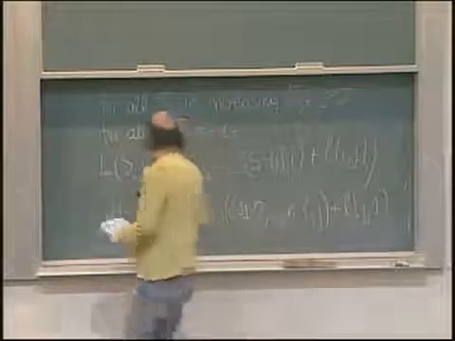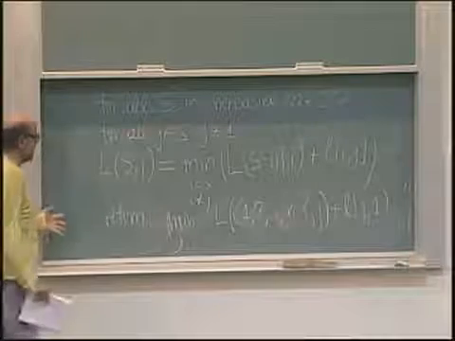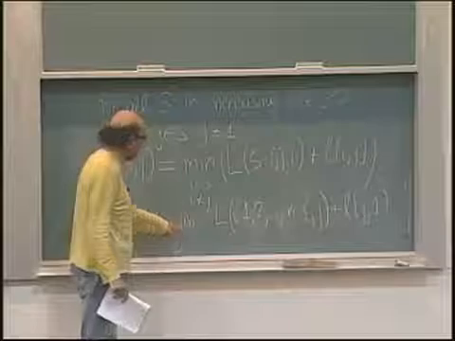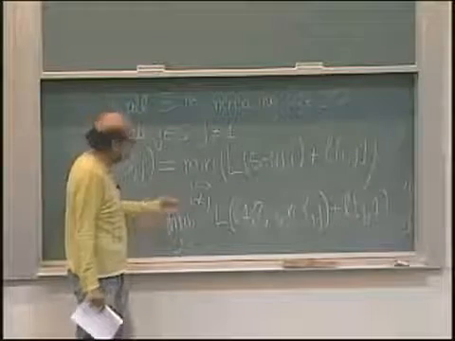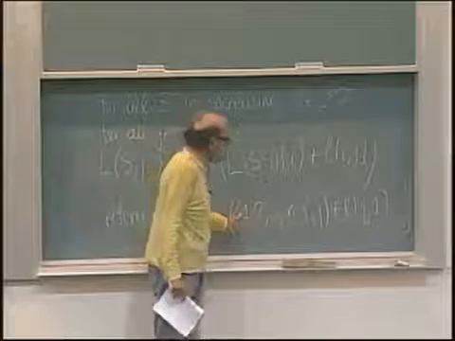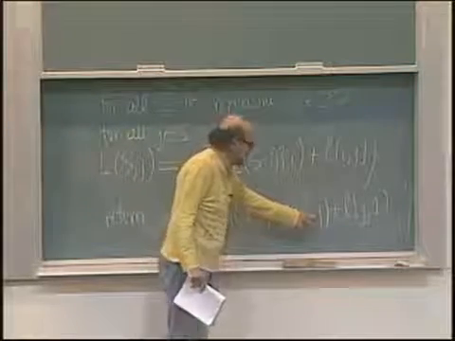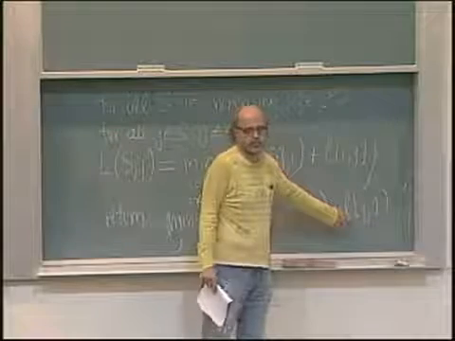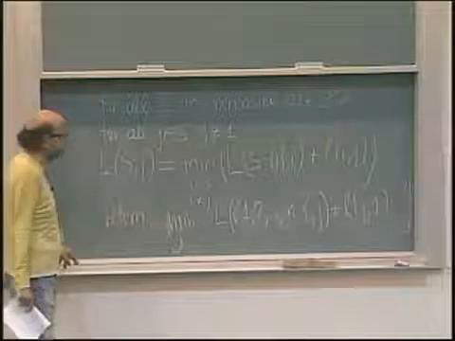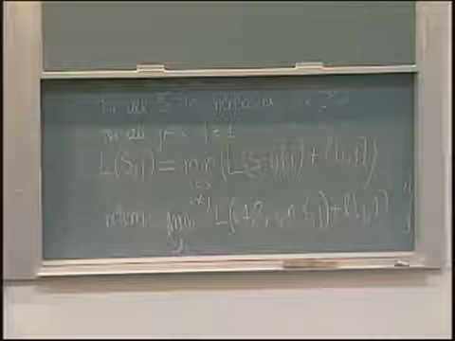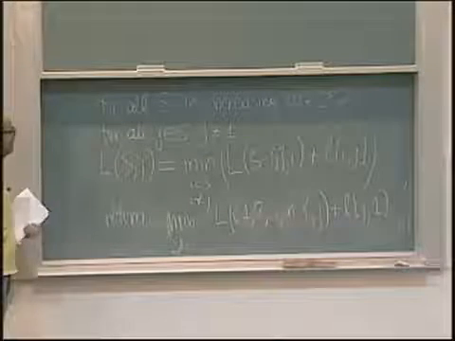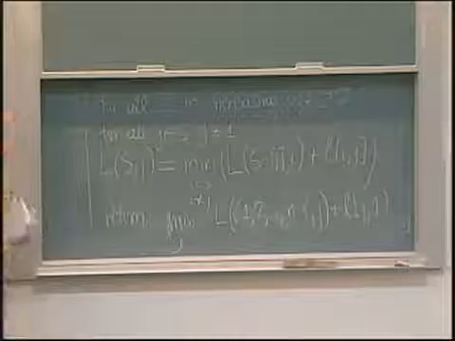So the best tour, I guarantee you, is going to be the minimum over all j of the best way to start from city 1, visit every city, end up in j, and then return into 1 to close the loop. And that's the algorithm.